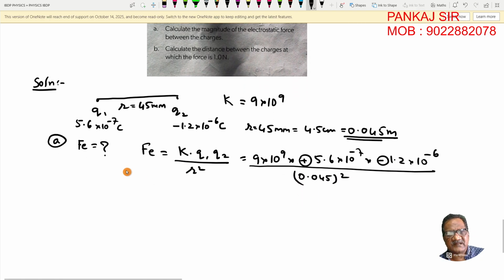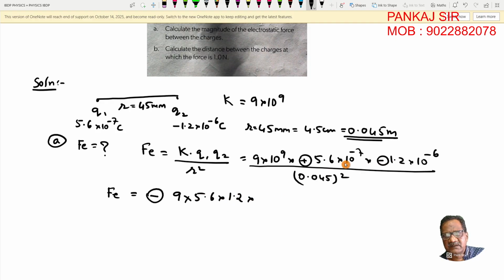Now let us do the calculation. So Fe will be equal to, first let us take care of the sign. This is plus and this is minus, so you will get a negative. Now this is the symbol of the sign. Now 9 into 5.6 into 1.2 into 10 is to minus 7 and minus 6 will be minus 13.